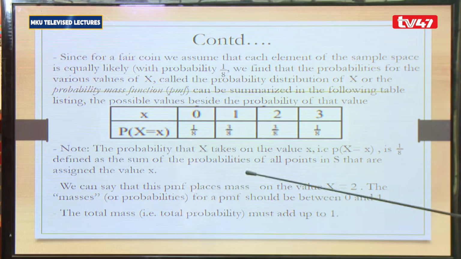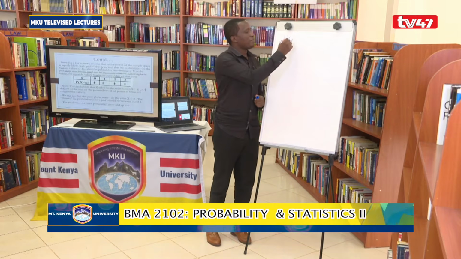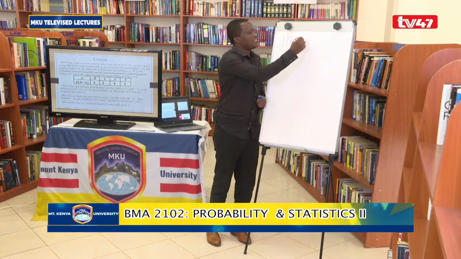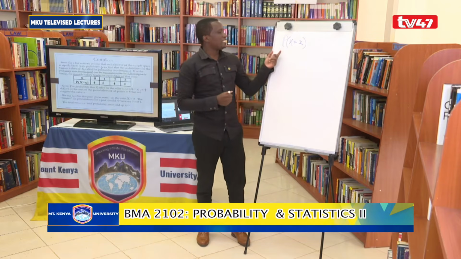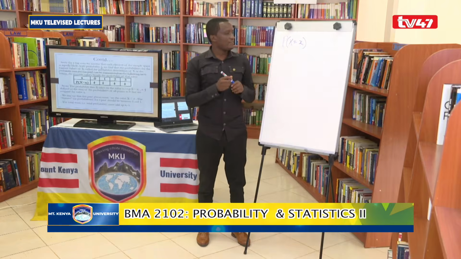The masses of probability should be between 0 and 1. And that is a very important aspect of probability: if you have a PMF and you have the corresponding probabilities, the ones we are calling P_X(x), this just implies that it's the probability that the random variable X will be associated with the value x.